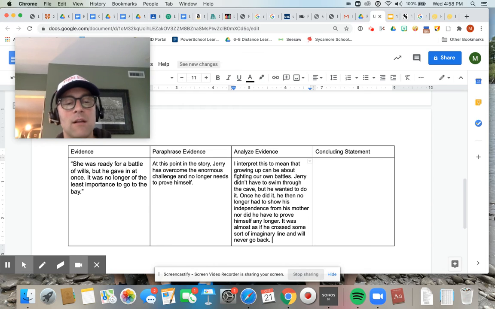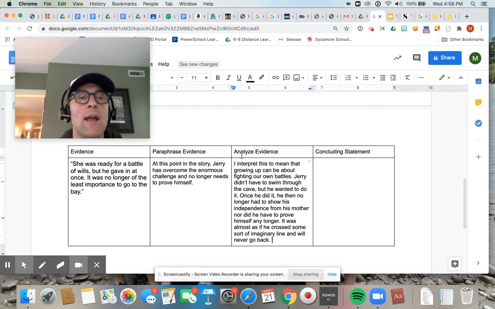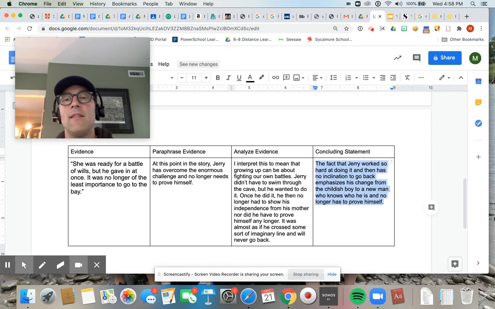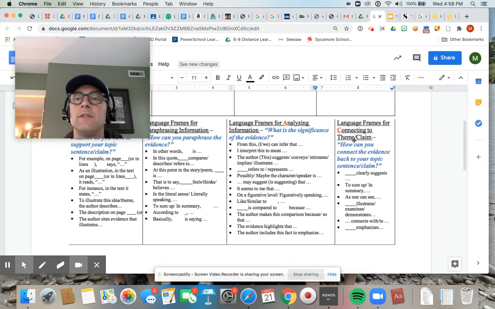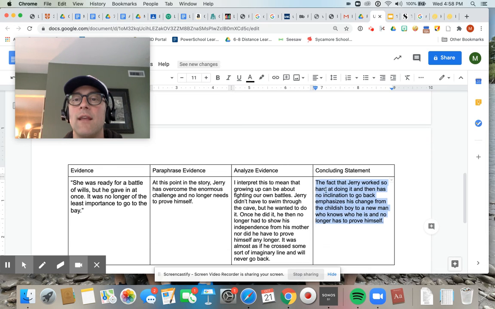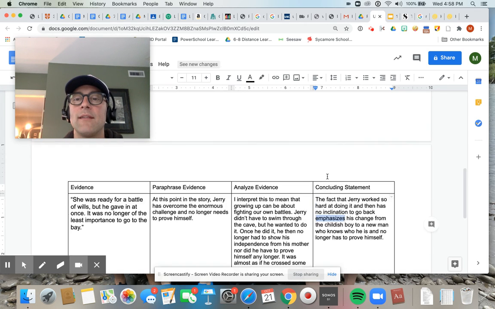I then go to my concluding statement. So I have my evidence, my paraphrasing of the evidence, the analysis of the evidence, and then, again, I go up here. Blank clearly suggests, to summarize, as one can see, all of this is to say. The fact that Jerry worked so hard at doing it and then has no inclination to go back emphasizes, right?